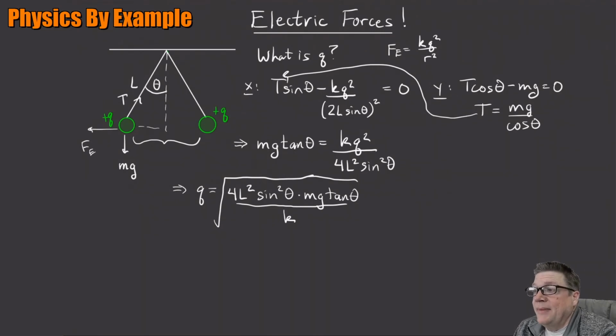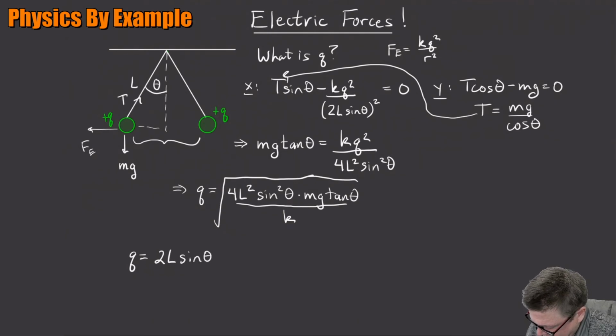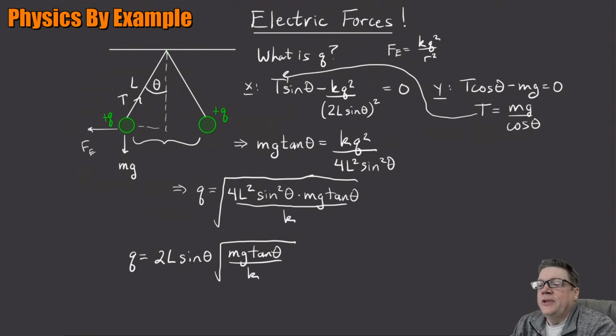Okay, that's going to be the final answer. I guess you can simplify it a little bit. If you want, you could take some of that stuff out. You could just go backwards and make this 2L sine theta, if you like, by mg tangent theta over k. You could write it like that. That's fine.